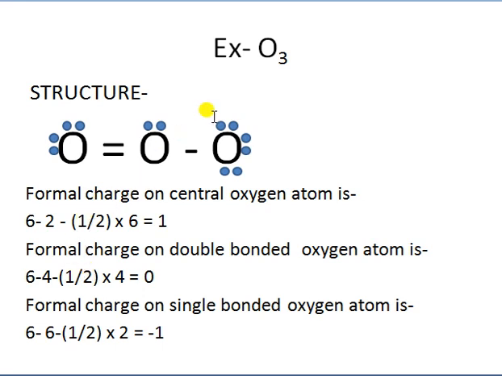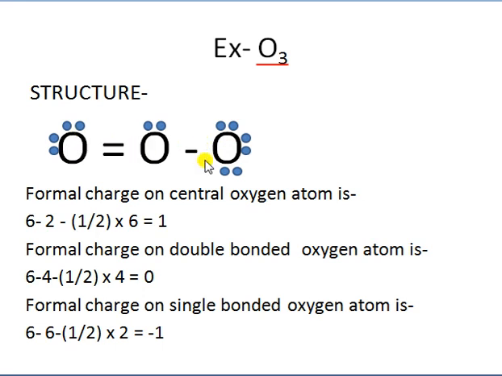Here I am giving the example of O3, which is ozone. The formula of ozone is O3. It contains 3 oxygen atoms. This combination of oxygen is called ozone, in which the first oxygen contains a double bond, and the middle one contains a double bond with the first oxygen atom and one single bond with the third oxygen atom, and the third oxygen atom contains only one single bond.